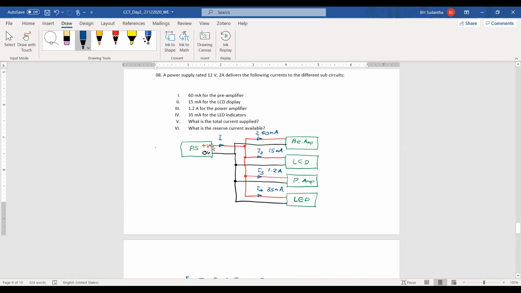The total voltage and current is coming from this main power supply. From the main power supply, the preamplifier circuit is taking 60 milliamperes. Then 15 milliamperes is taken by the LCD display. Again from the main power supply, the power amplifier takes 1.2 amperes. 35 milliamperes is drawn by the LED display.